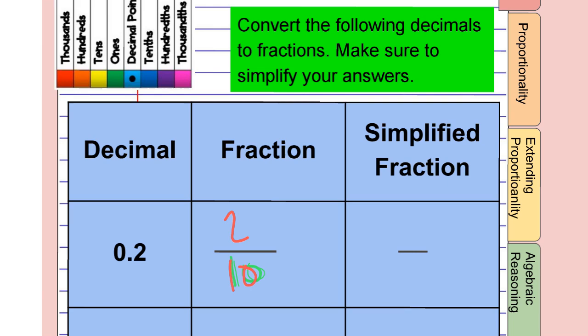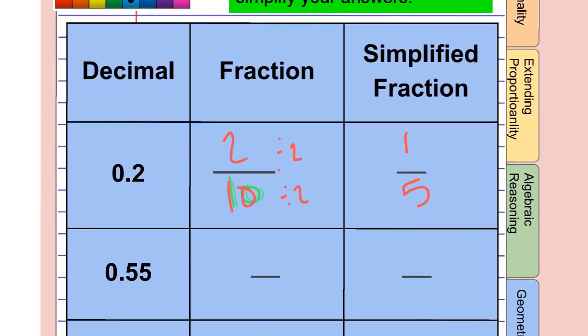And we're going to simplify this just like we always do, because we want to make sure our answers are in simplest form. So we're going to see if there's a greatest common factor between 2 and 10. And there is, it's 2. So we're going to divide by 2 on the top and divide by 2 on the bottom to simplify. So 2 divided by 2 is 1, and 10 divided by 2 is 5. So my simplified fraction is 1/5.